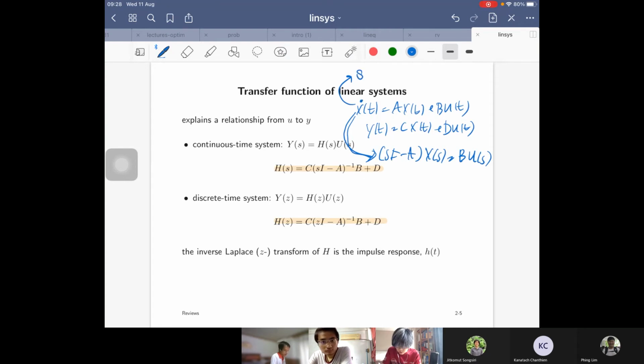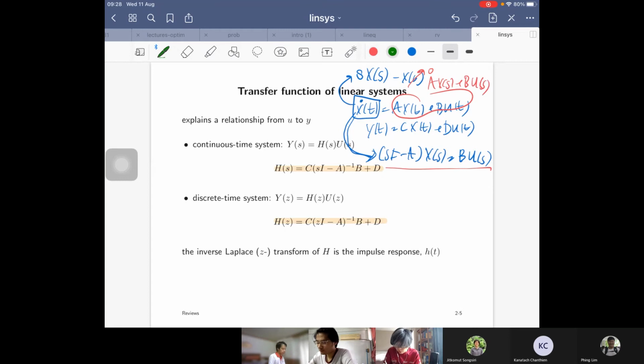Actually, it's s X(s) if you look at the term on the left, and minus what? Minus x0. But we assume it's zero at the moment as we derive the zero state response. On the right hand side you have A X(s) plus B U(s), and that's why, when you move things around, you get this.